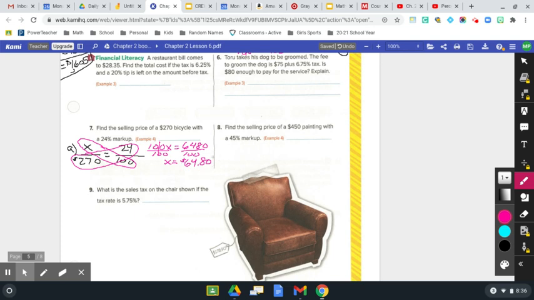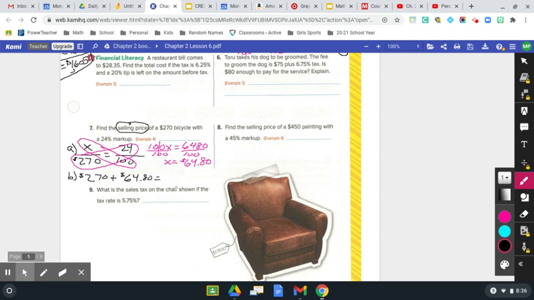Now, this isn't final though, right? So we found out the markup amount. Step B, we need the selling price right here. So what's Dunham's going to sell it for on their sales floor? We're going to take the 270 and add to that the markup of $64.80.